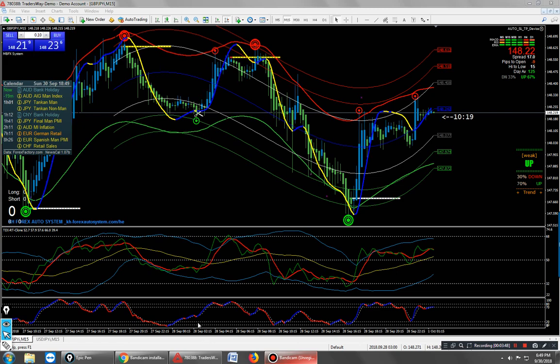As I'm sure you can imagine, the two lower ones are your maximum support areas, and the two higher ones are the maximum resistance areas. They do come in handy as well, and we will be going through how I utilize them in the video. Okay, so let's go ahead and get into it.